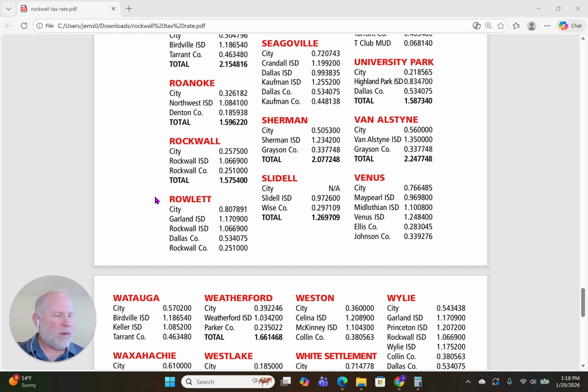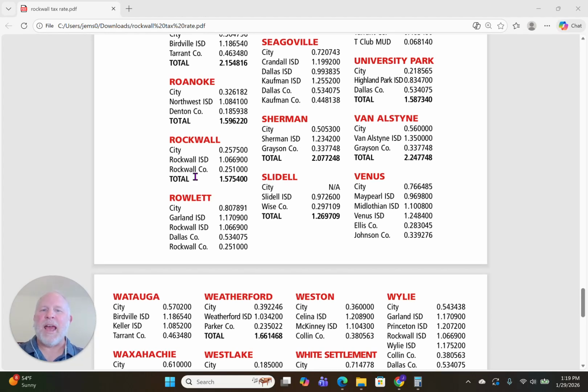And on the low end, we had McLennan Chisholm, which is in Rockwall County. We have for the city, and for the ISD was Bridgeport, and Denton County was on the low end, and the city of Garner.